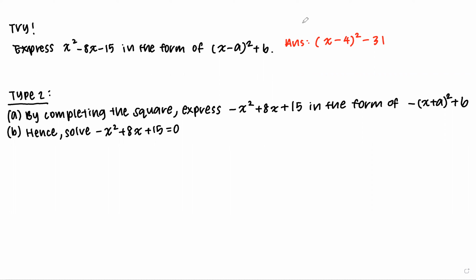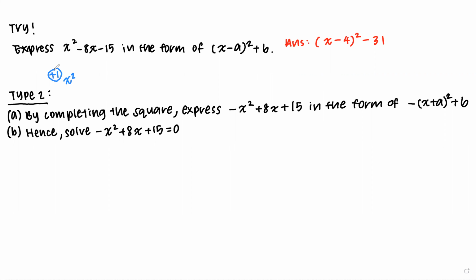Yes. So type 1, we call it basic, meaning that type 1 is just a pure x squared term. It is no negative and it's only a solid plus 1.